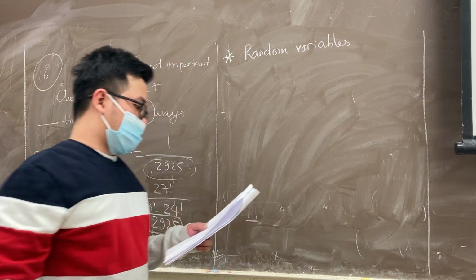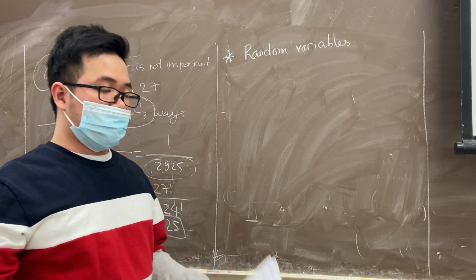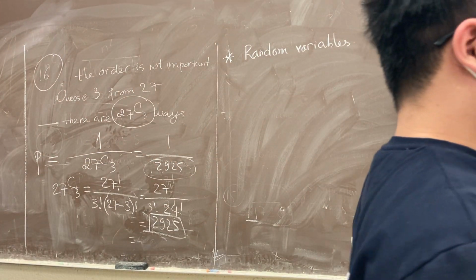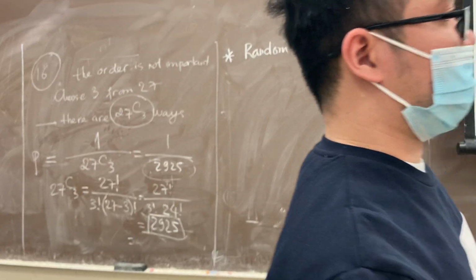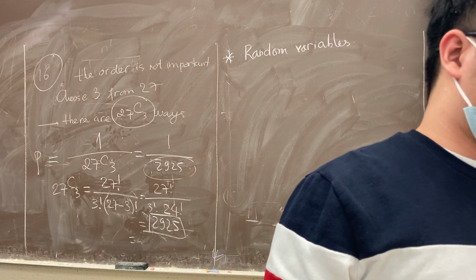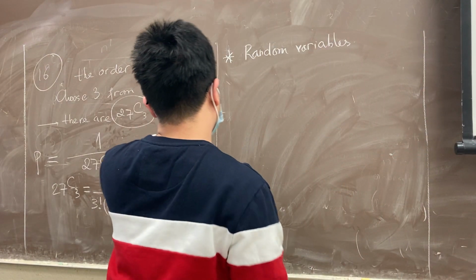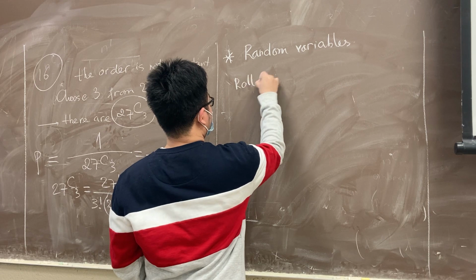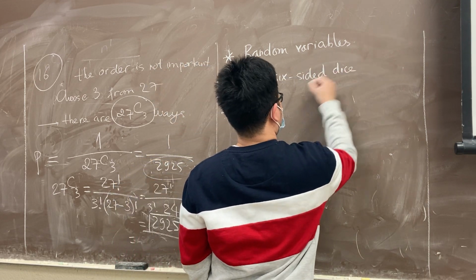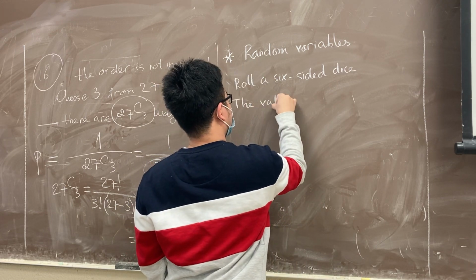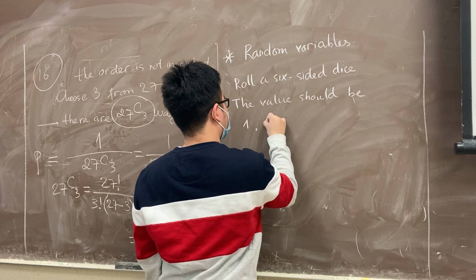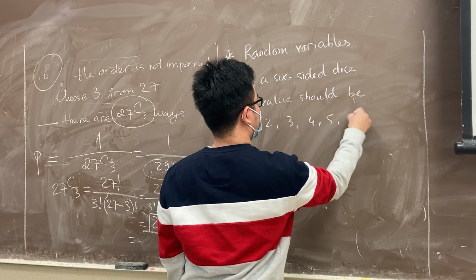The random variable is a value. The value is determined by the outcome of a probability experiment. For example, when I roll a 6-sided die, the value should be 1, 2, 3, 4, 5, 6.